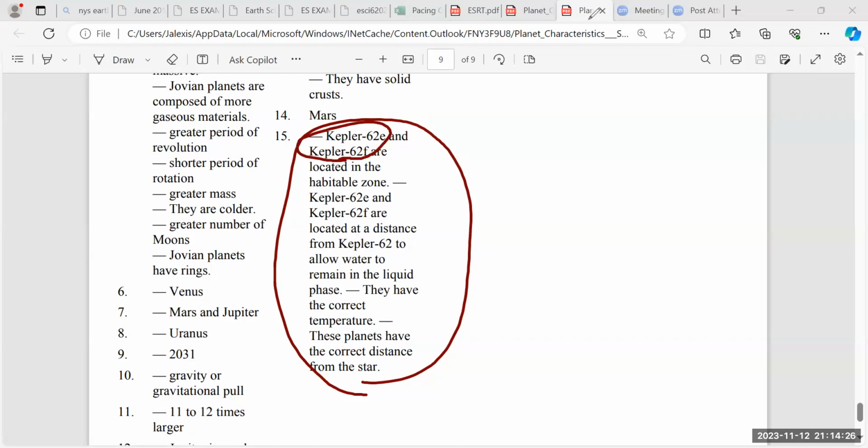And your reasoning, you could have said they're located in the habitable zone as 1. If you said both of these planets are located at a distance from Kepler-62 to allow water to remain in the liquid phase, that is fine. If you said they have the correct temperature, that's fine. If you said these planets have the correct distance from the star, that is also fine as well.